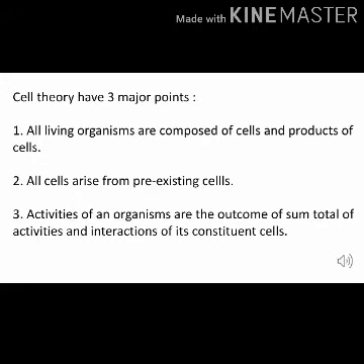So the product that we get is basically the interactions between different kinds of cells inside our body, or we can say the metabolic functions and activities that cells perform and interact with each other. So the product that we get is the sum total of all the activities of the cells, in short.